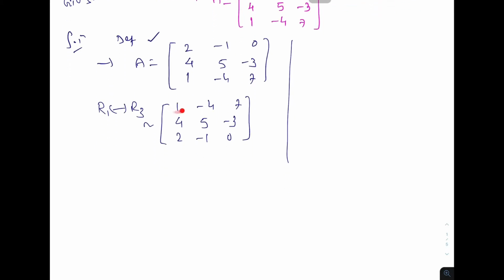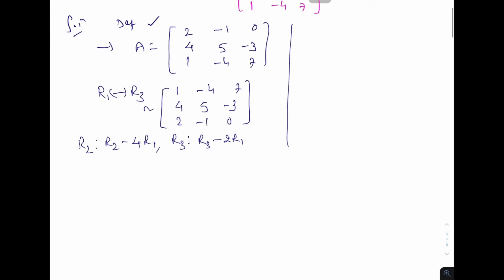Now by using this 1 we can make the entry below it to be 0. So R2 minus 4 R1, R3 minus 2 R1. So we get 1, -4, 7. Now this is -4 plus 4, so that is 0.